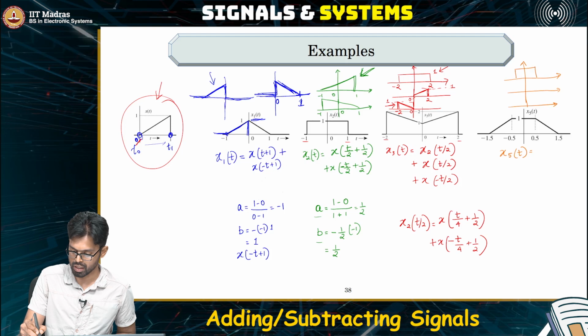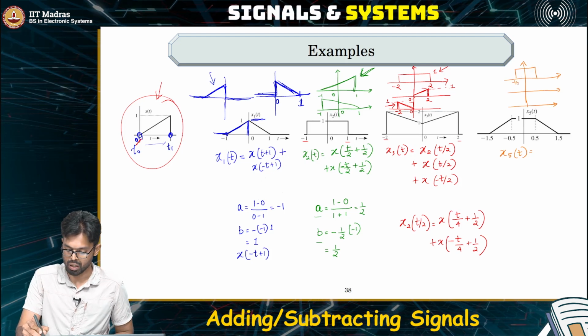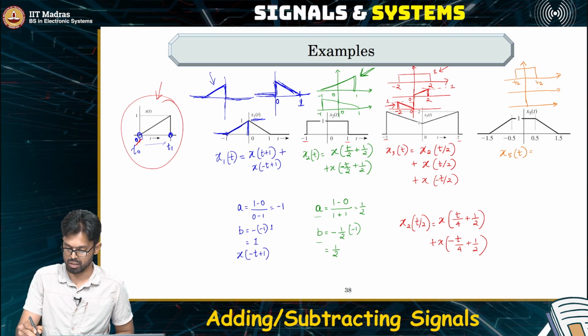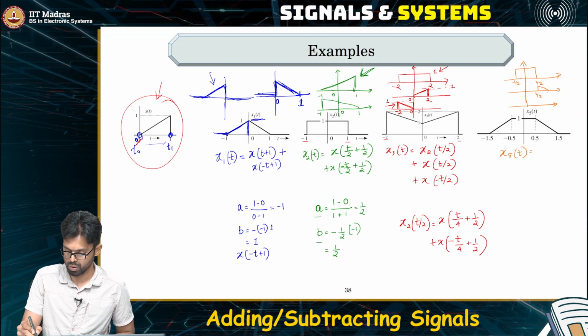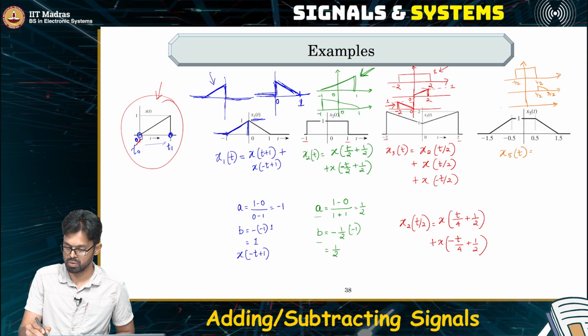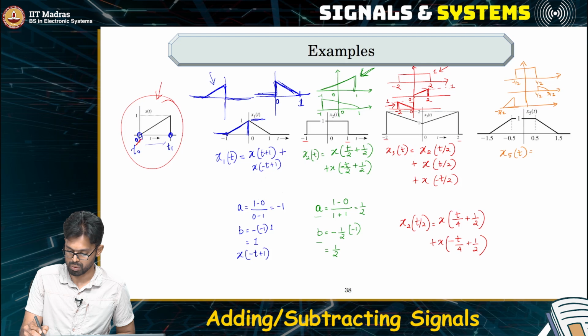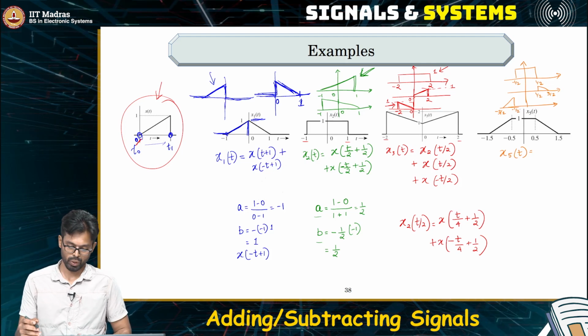The first is a rectangular function, but squished, between minus half to plus half. And there is another one between half to 3 by 2, and minus 3 by 2 to minus half. If you add these 3 components, you get what you're looking for.